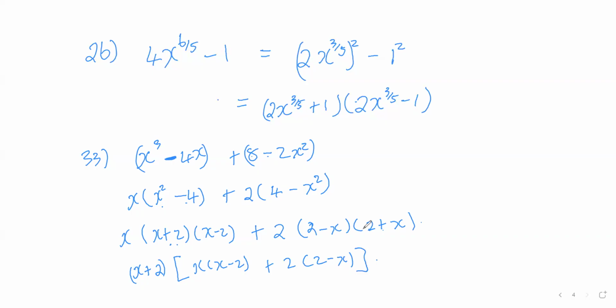Okay, and that's that. I think we can end it here, even though we can still rewrite this as negative x minus 2. Okay, so it becomes x plus 2 is outside. We have x times x minus 2 minus 2 times x minus 2, basically.